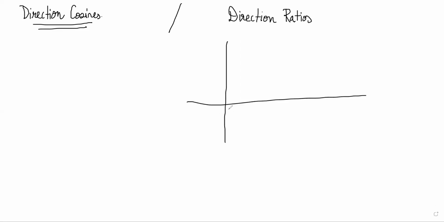Direction cosine and direction ratio. So what is a direction cosine? If you have a point in space and its coordinates are given to you, how do you find its direction cosine? So you can take dot product of, like, for each axis.